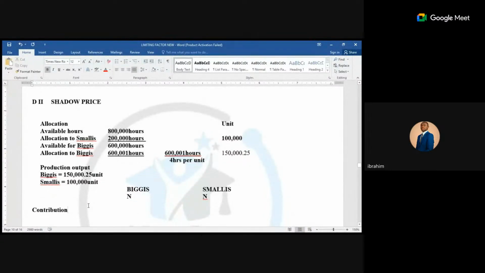Now, what is the contribution per unit for biggies? 106. 106 times biggie. 106 times 1,500.25 units. What will be the resulting contribution for biggies? What do we have? 159,000.0265.